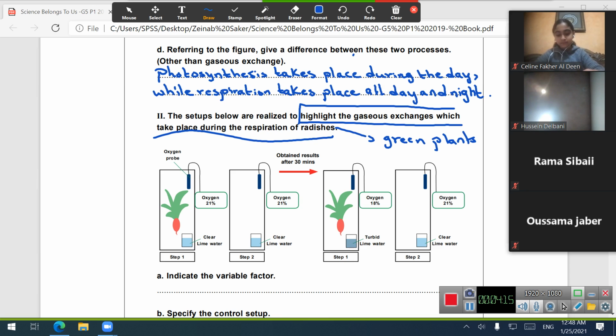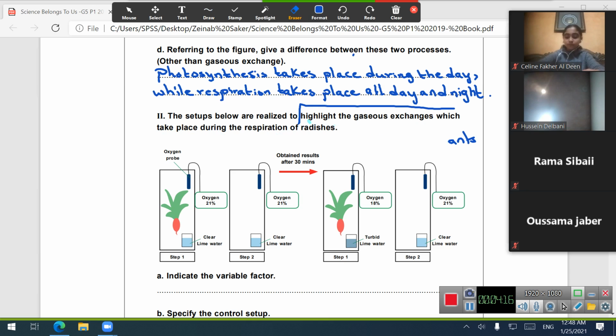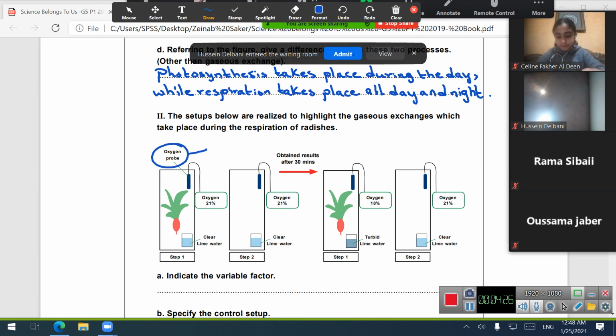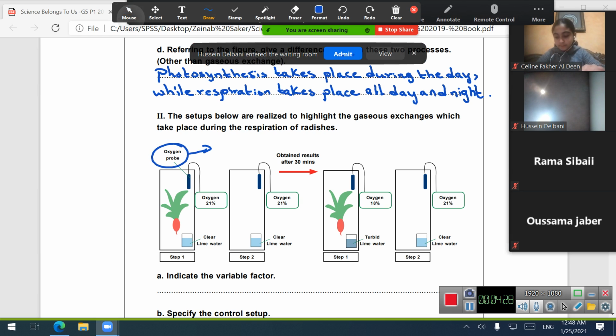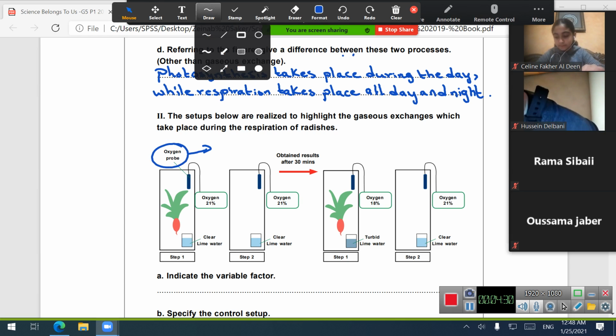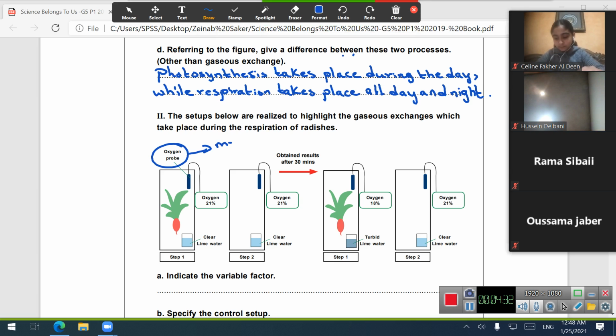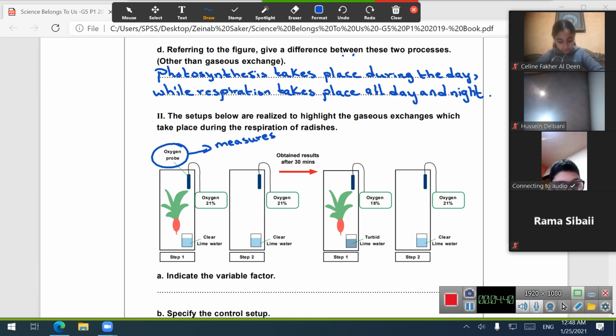In the following setup, I have an oxygen probe, and as we said before, the oxygen probe is an instrument, device or tool used to measure the amount of oxygen.